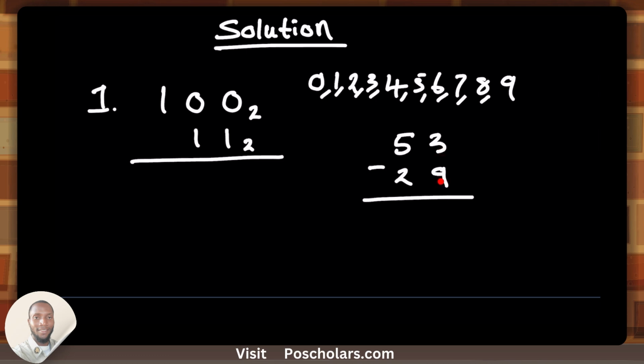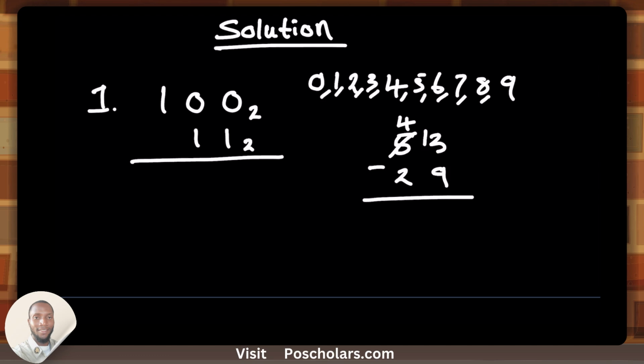This is impossible, right? So you borrow from 5. When you borrow 1 from 5, you are left with 4, right? Then the one you borrowed from 5 takes the value of 10 because you are working in base 10 now. Then you add that 10 to 3. So 10 plus 3 gives what? 13. So this becomes 13.